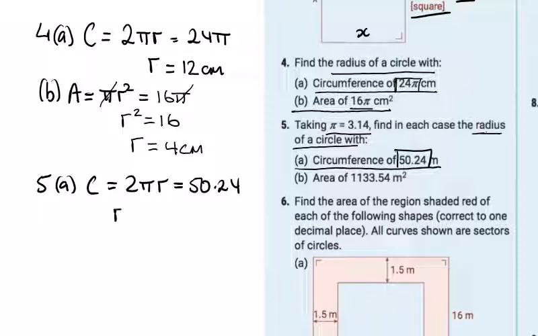So writing down in your copies or exams what you would type into your calculator, the 2 and the pi, we have to divide by them, 50.24. So on the fraction button on your calculator on the bottom, you're going to have 2 pi.